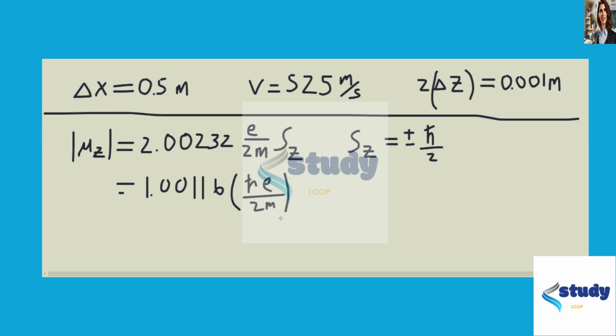But h bar times e over 2m is equal to Bohr's magneton, mu sub B. So this would just be the z component of the spin if we were just dealing with a hydrogen atom with one electron. That's where Bohr's magneton comes from.